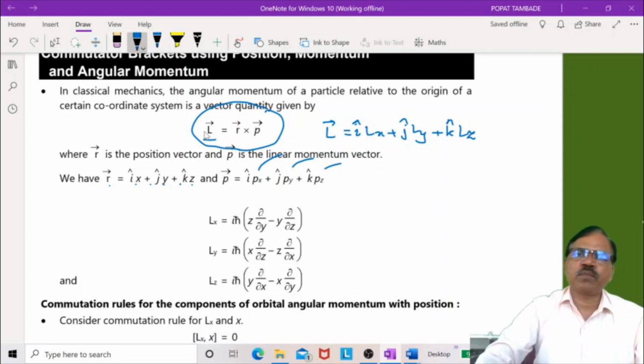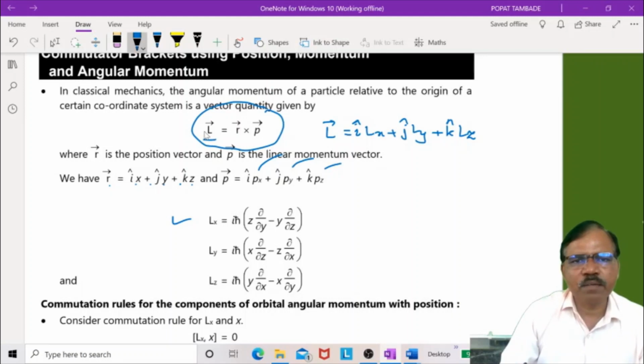Here Lx is equal to iħ in bracket z ∂/∂y minus y ∂/∂z. Ly is iħ x ∂/∂z minus z ∂/∂x, and Lz is equal to iħ in bracket y ∂/∂x minus x ∂/∂y.